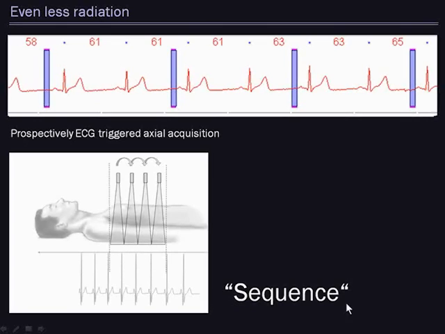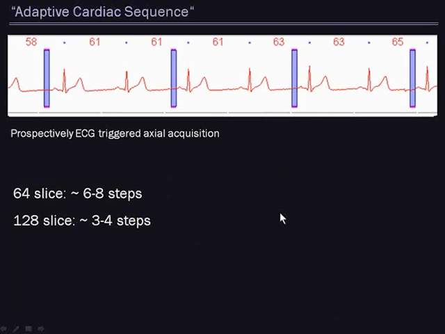Siemens uses the term sequential or sequence scan for this prospectively EKG-triggered axial acquisition. It is often also called step and shoot acquisition. With the step and shoot acquisition, you only give radiation at the very time instant when you want to acquire images. So this is a very low dose protocol, but you do not have flexibility to reconstruct different time instants after the data has been acquired.